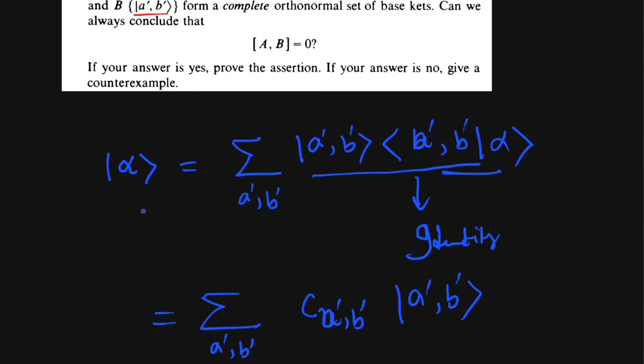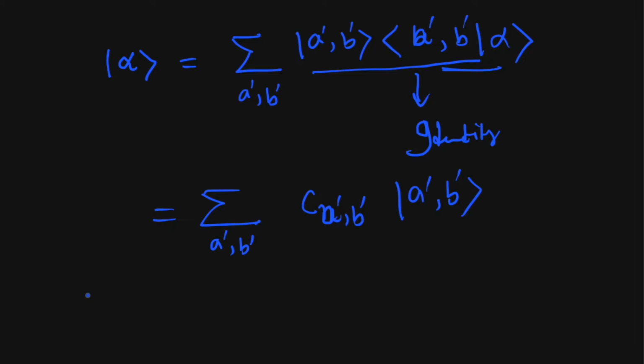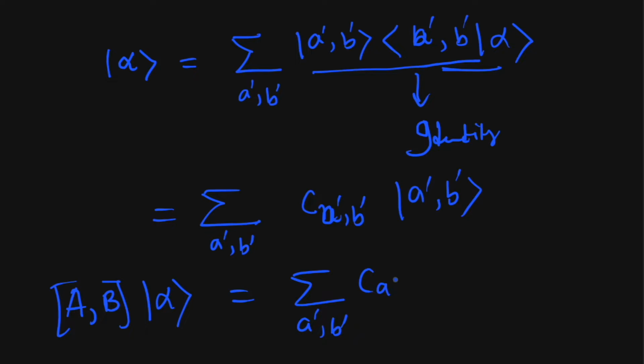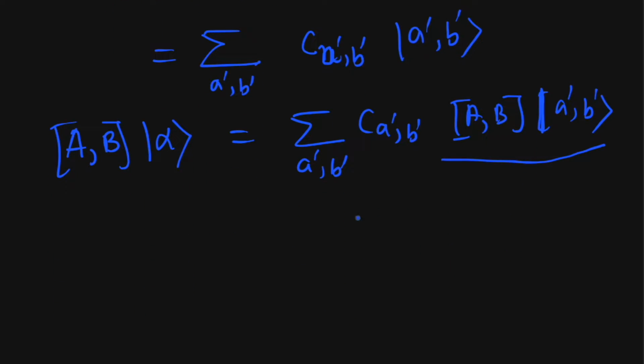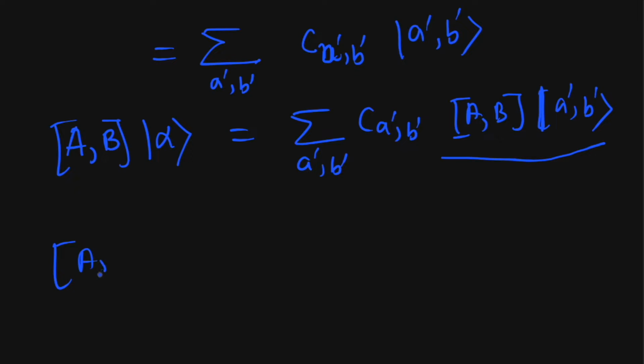Now let us operate this ket with the operator commutator [A, B]. It will give the summation over a', b' of C_{a',b'} times [A, B] acting on |a', b'>. Now let us calculate the value of this.